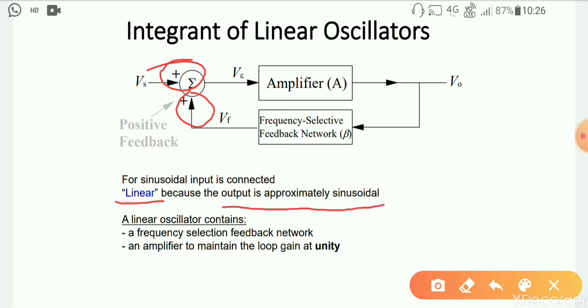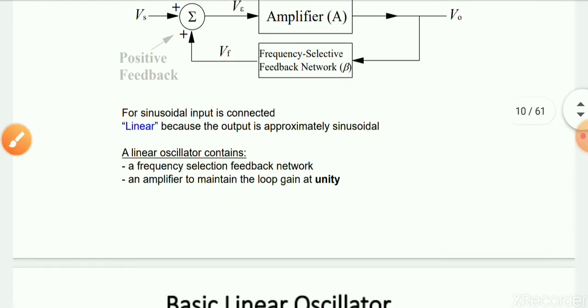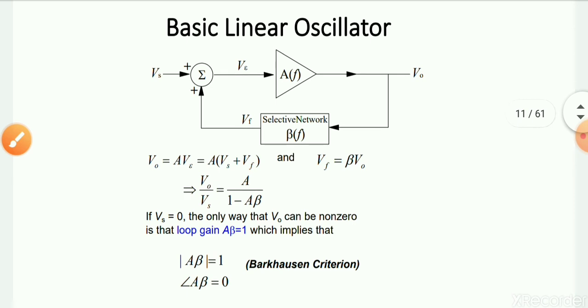For the linear oscillator, the frequency selective feedback network and amplifier maintain the loop gain at unity. We just go to the block view of the feedback one, so it may be suitable for understanding the oscillation process.